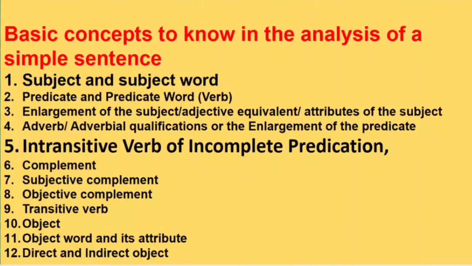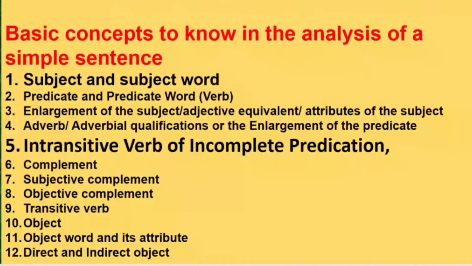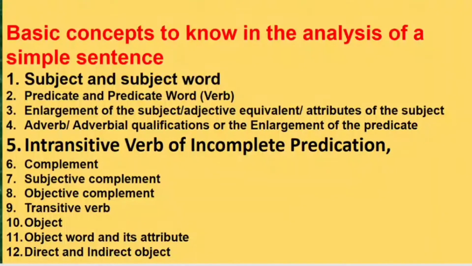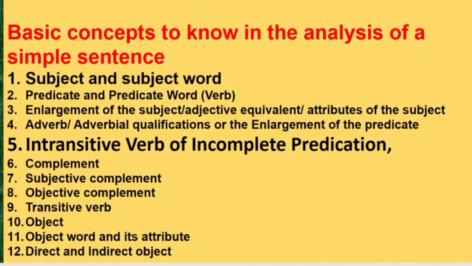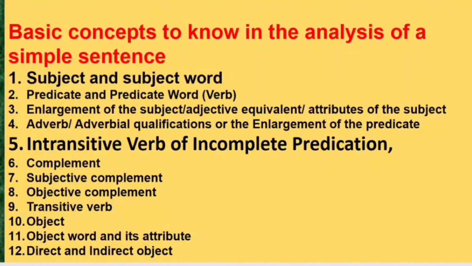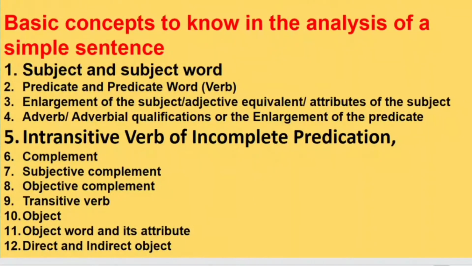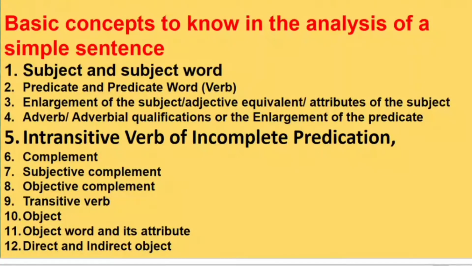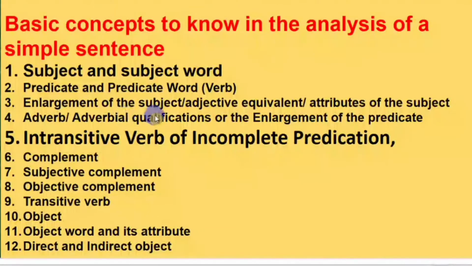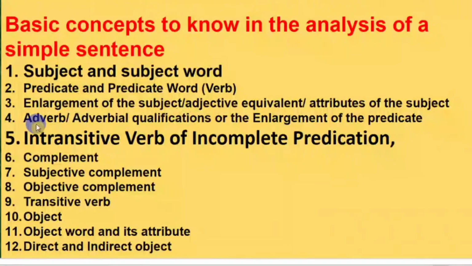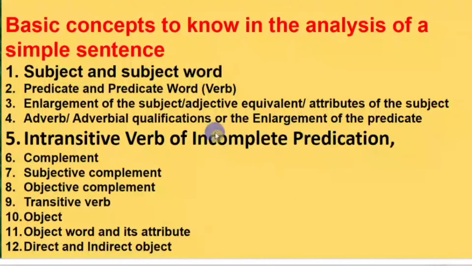If you look at the list that I have presented before you, this list points out that there are some 12 basic concepts as far as the understanding of a simple sentence is concerned. Number one, subject. Number two, predicate. And number three, enlargement of the subject. Also, number four, adverbial qualifications or the enlargement of the predicate.